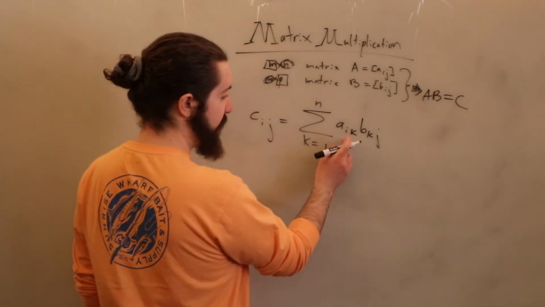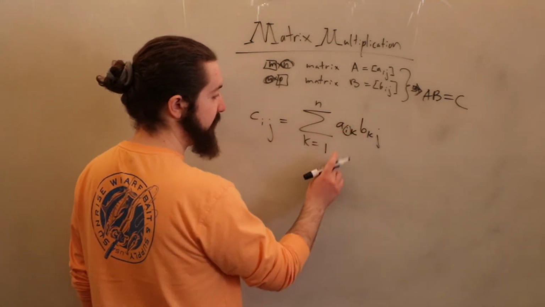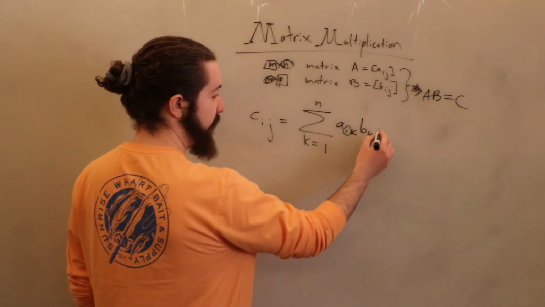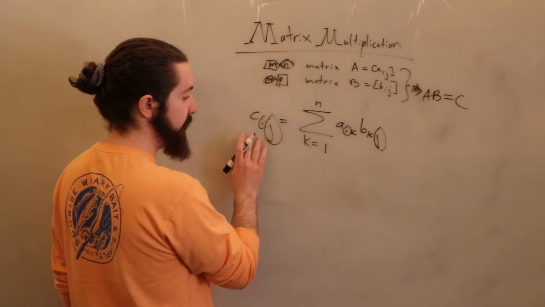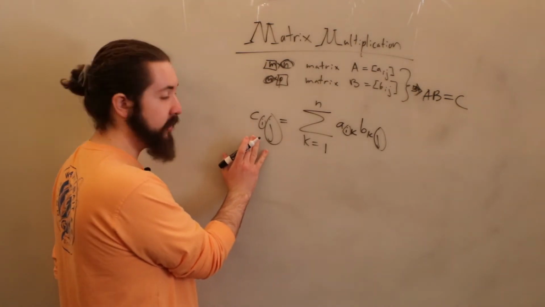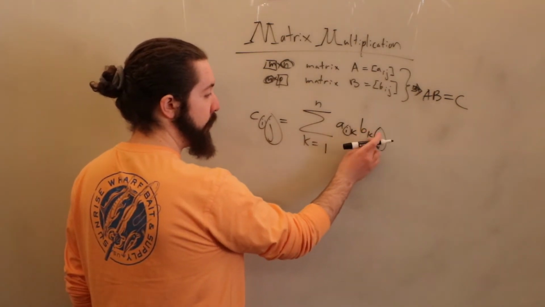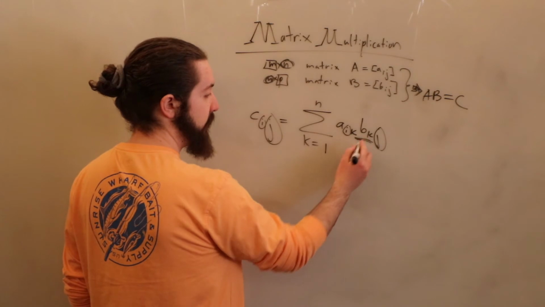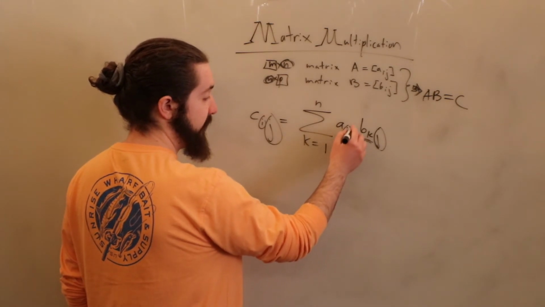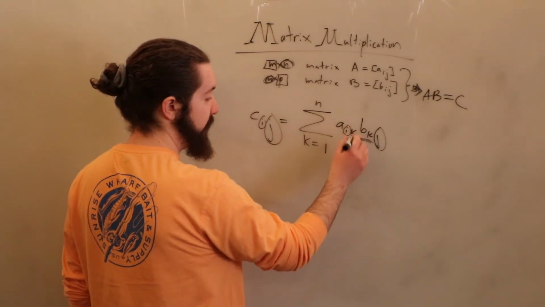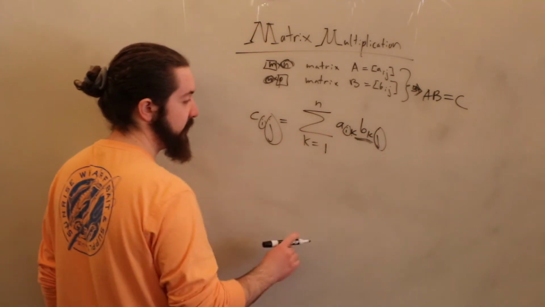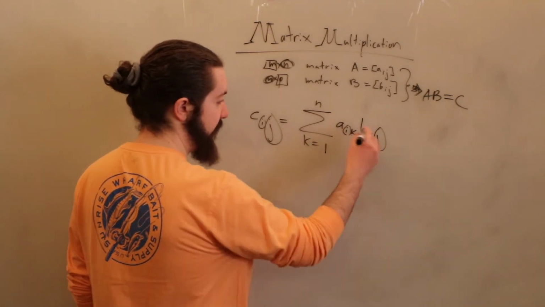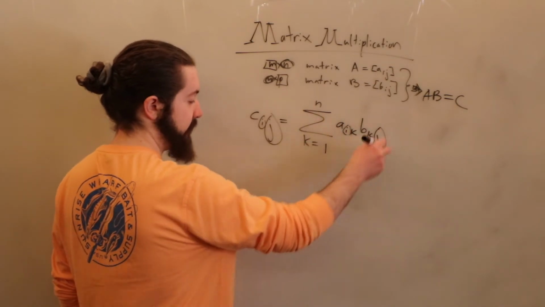Right, so what we're doing is we're keeping the row the same in matrix A, and we're keeping the column the same in matrix B, and notice how that agrees with the position in our product matrix. And we're going to be ranging over this, in this case, the columns for matrix A and the rows for matrix B. We're going to be ranging over this while multiplying together and then ultimately taking the sum.